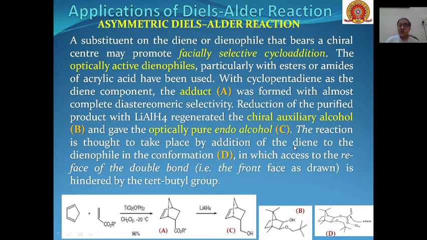The reaction is thought to take place by addition of the diene to the dienophile in the conformation D. So this is the conformation through which we are getting this adduct A. This has access from the re face of the double bond, which is hindered by the tertiary butyl group present over here, and that is why we are getting only the endo product in this case, and optically pure alcohol is formed in the asymmetric Diels-Alder reaction.